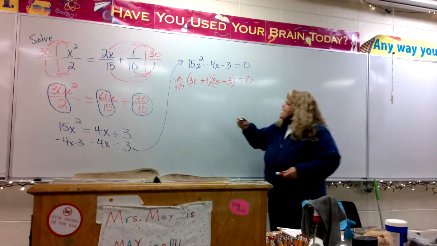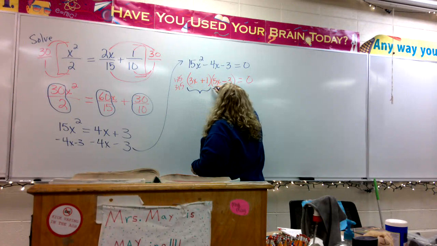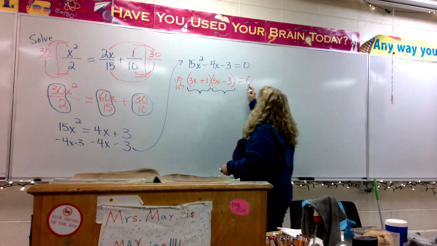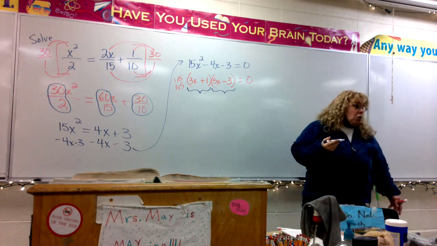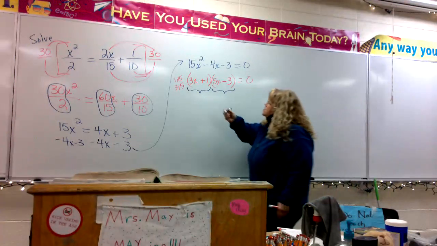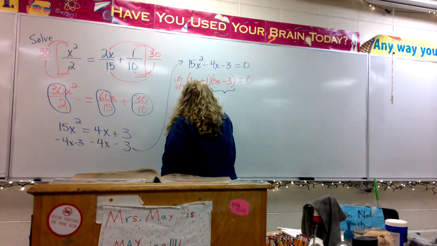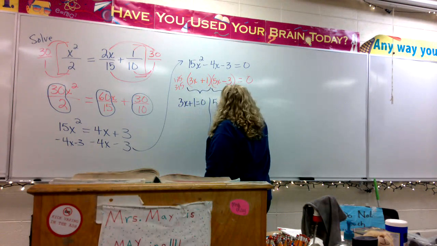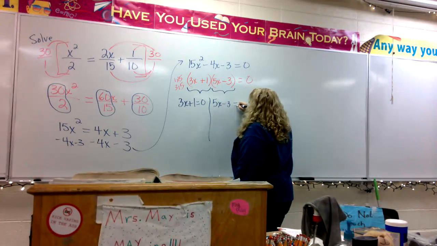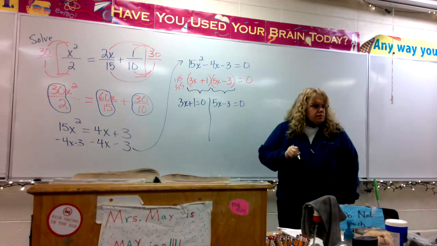And now that I have it factored, remember, if I multiply and I get an answer of 0, that means one of those things, or both, has to equal 0. So either 3x plus 1 equals 0, or like that.